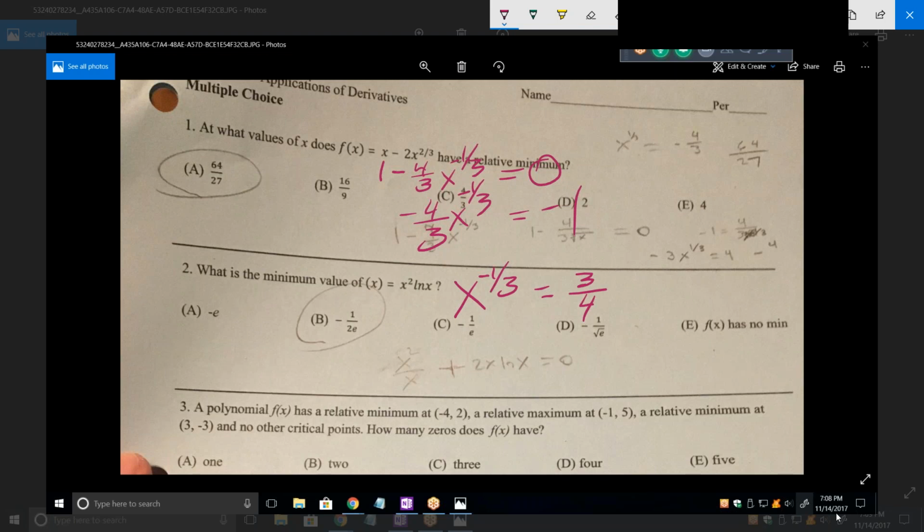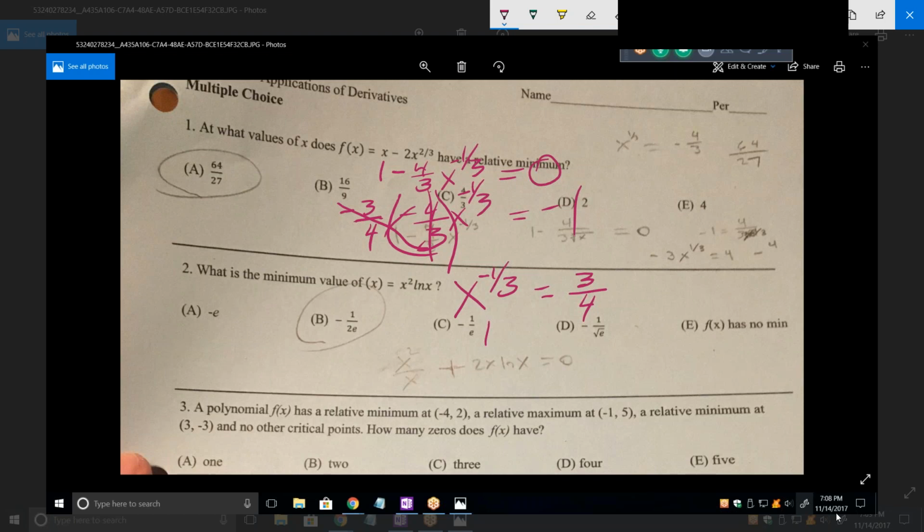Yeah, if I multiply both sides by minus 3/4, that gets rid of that coefficient and turns that to a positive sign.